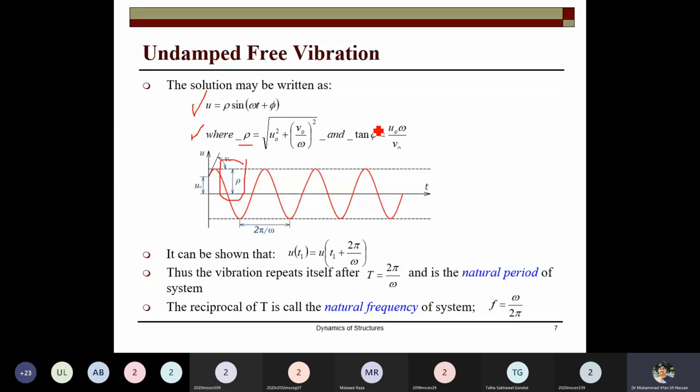And phi is basically the phase angle, the angle formed at different points, that when it is started, what is the angle with the horizontal. So phi is the phase angle, and the time period is 2 pi over omega. So let's say you have the displacement at any one instant, the time to complete one vibration is 2 pi over omega.